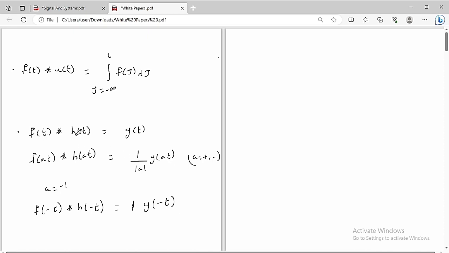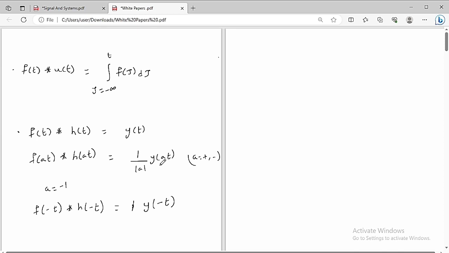So finally, remember: f of t convolution h of t is equal to y of t, and f of at convolution h of at is equal to 1 by mod a into y of at, where a can be either positive or negative.